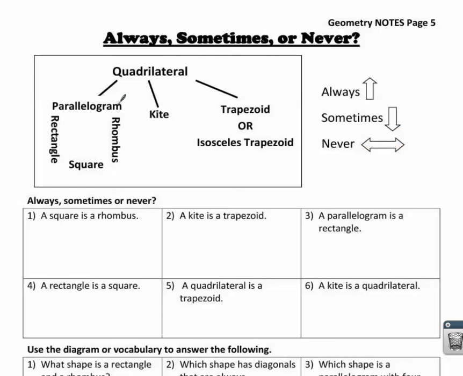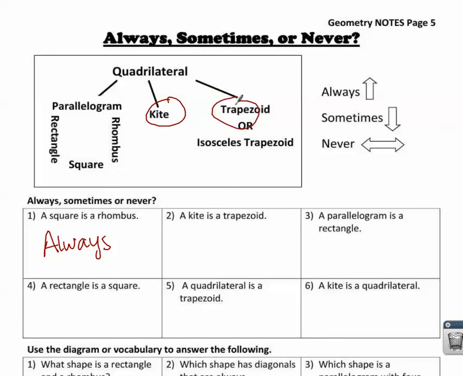So for example, if I state a square is a rhombus, here's a square, here's a rhombus. I am going in the up direction to get from a square to a rhombus. So this is going to be always. A kite is a trapezoid.